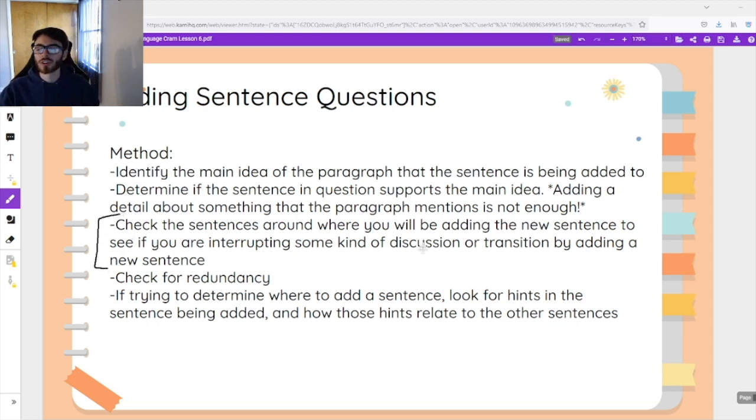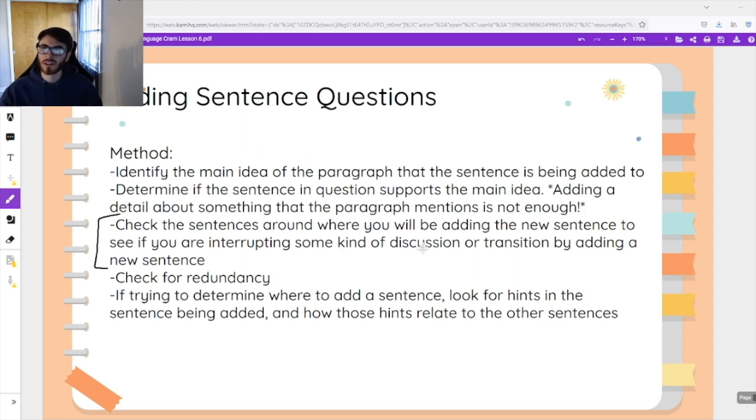In addition to that, you can look for hints in the sentence that you're adding and see how those hints relate to other sentences. So for example, if the sentence you're adding talks about how the person that you're talking about went to China in 1992, you can look in the paragraph for things related to that, right?